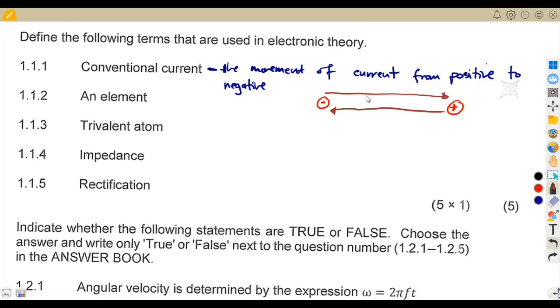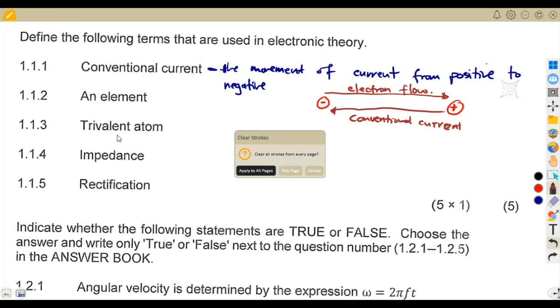So this is the difference between these two. So this is the one that we are referring to as the conventional current in this case, or the conventional flow of current. And here we are talking about the electron. This one is the electron flow in this case. All right, so these are the two differences that we need to note about this. It is simply on the movement part.